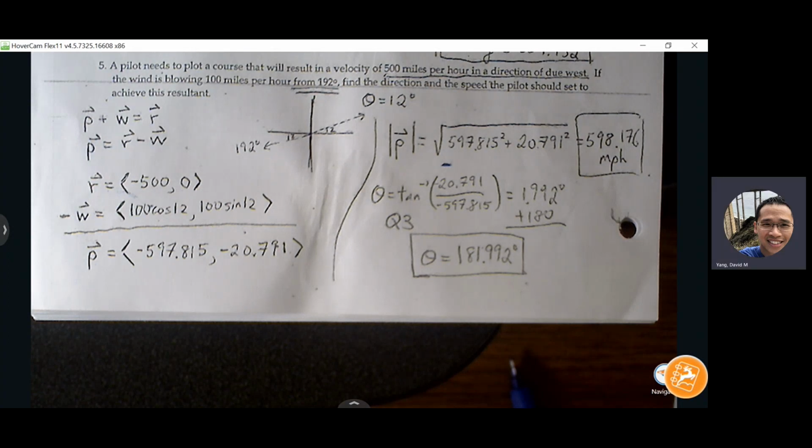How come 20.7 and one is negative? Because our formula says the resulting vector minus the wind gets to our p, so I have to subtract.